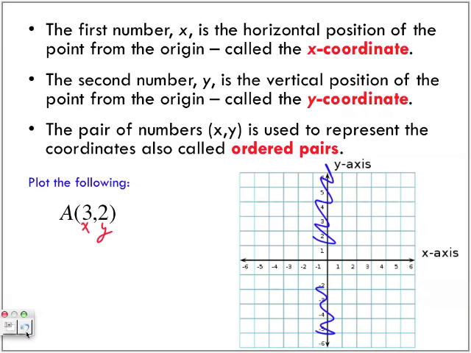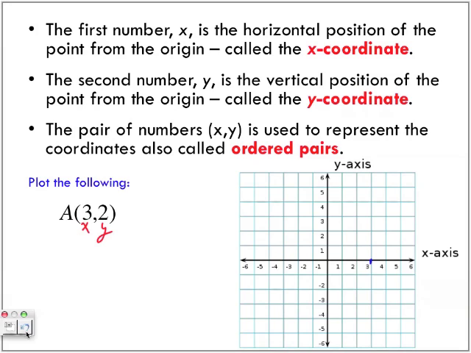Remember how in the number line the numbers to the right are your positives, the numbers to your left are your negatives. And it works the same way if we turn this over and look at the y-axis, where in one direction from the origin we're going positive, in the other direction we're going negative. So, what we want to do is find the coordinate 3 on the x-axis.